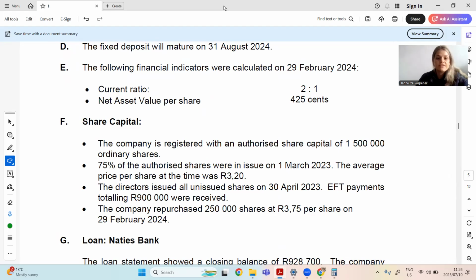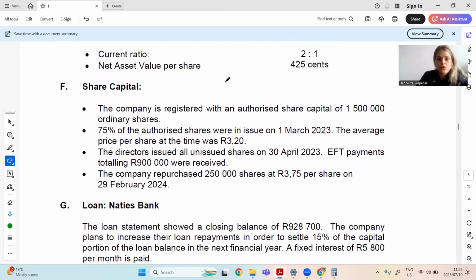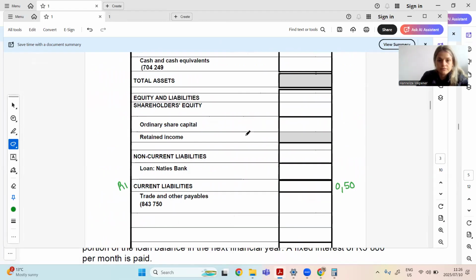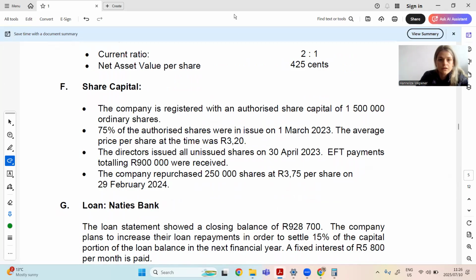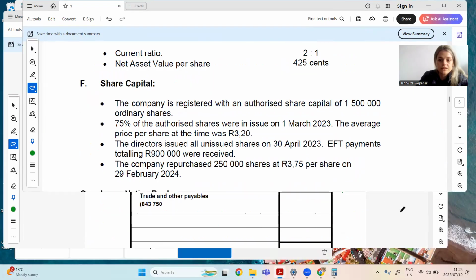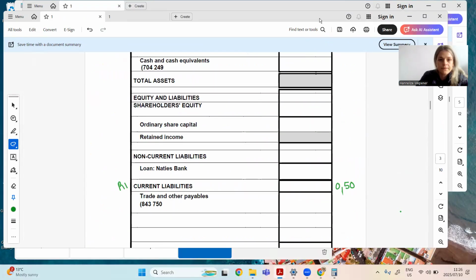Then the net asset value per share was 425 cents. In other words, you need to know, obviously, once again, your formulas. I just want to move that here and here. Okay, there we go.